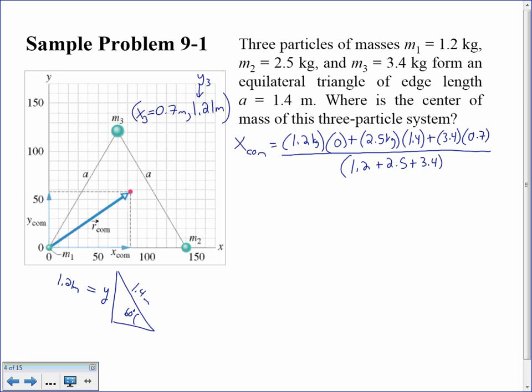If you multiply all these out, you get that the x coordinate of the center of mass is 0.83 meters.